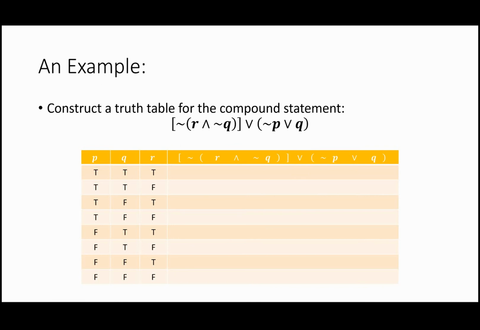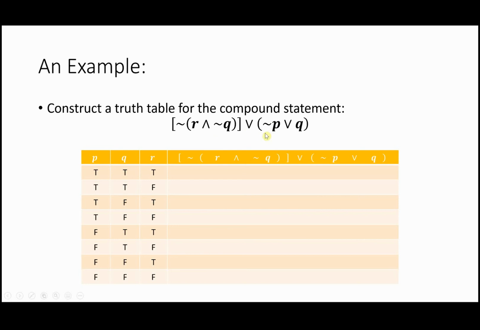Okay? Cool. So this compound statement that we're going to try to construct the truth table for, you may notice, has a few different kinds of connectives and some grouping symbols going on here.